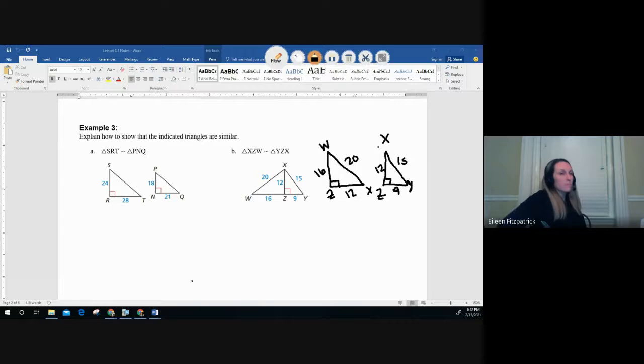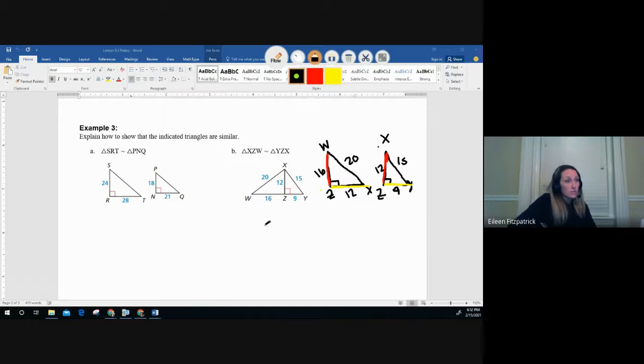Okay. So I can see that I have an angle congruent to an angle. I need to know whether or not this side is proportional to this side, and if this side is proportional to this side. I don't really care about the third sides because those aren't the two sides that make the included angle.